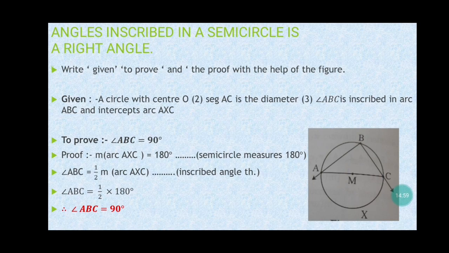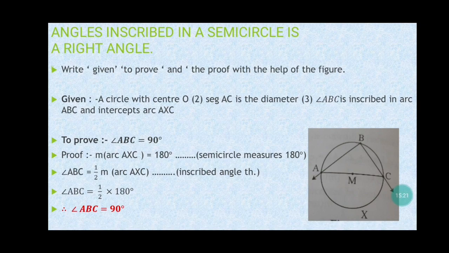Now the proving part starts. As it is the diameter, the measure of the semicircle will be 180 degrees. So the measure of arc AXC is equal to 180 degrees.